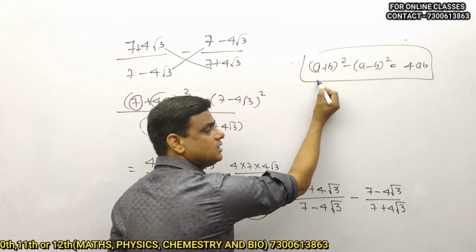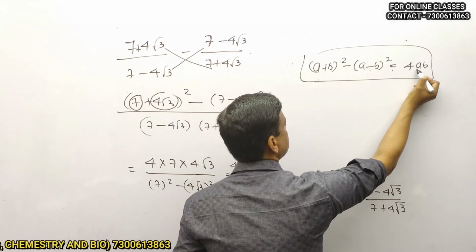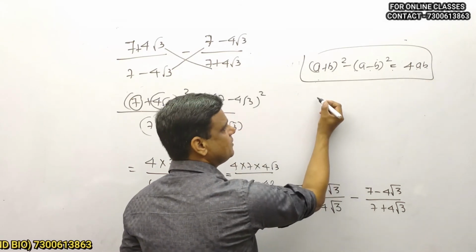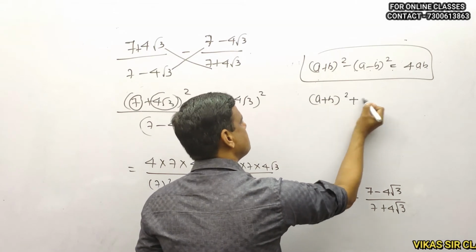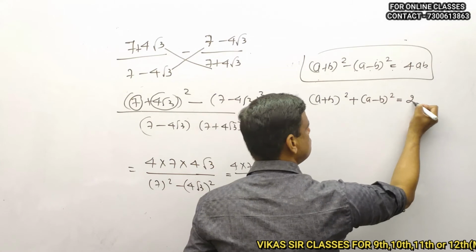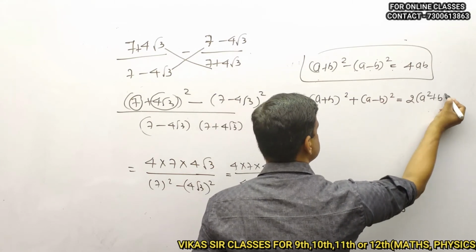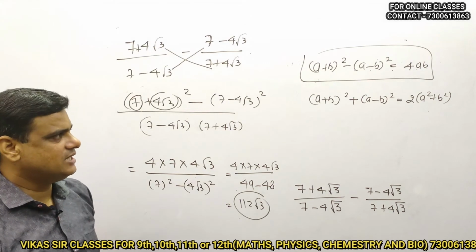First is A plus B whole square minus A minus B whole square equals 4AB, and the other formula is A plus B whole square plus A minus B whole square equals 2A square plus B square. Right?